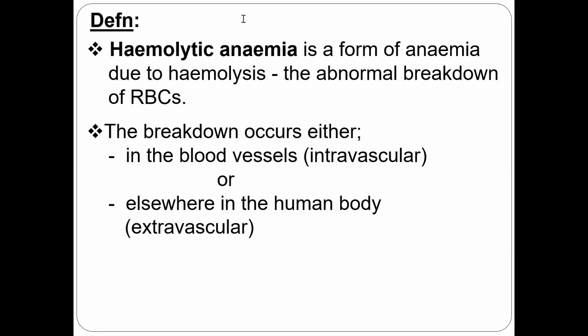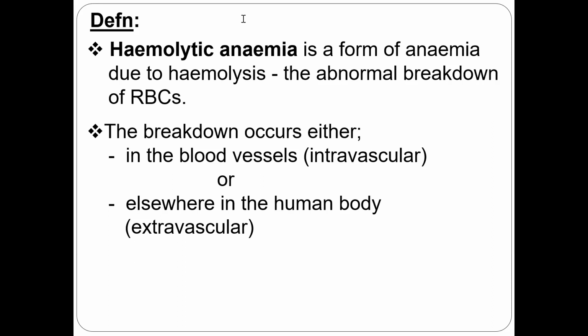For example, if the hemolysis is intravascular, then you are going to see hemoglobin in blood. If it's extravascular, then the breakdown is controlled in the spleen, for example. So the red cells are picked up by macrophages, so you don't see hemoglobin in blood. If it's intravascular, you're going to see LDH level goes up. If it's extravascular, you don't see that.